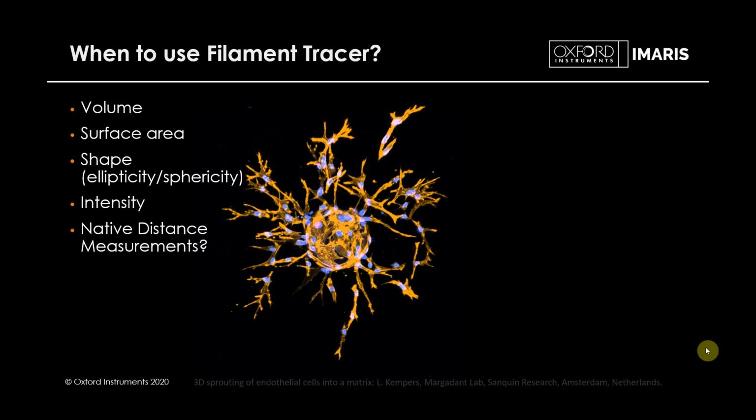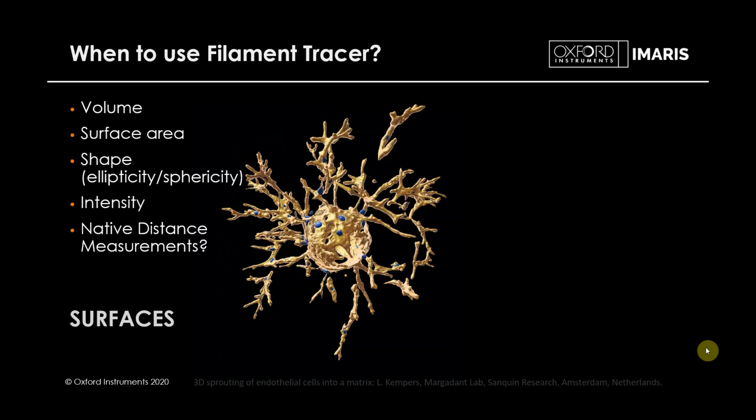Are we interested in its intensity, or are we looking to do some native distance measurements between the cell and these nice blue objects that we can see associated with it? In case we answered yes to these questions, then surfaces would be the go-to model.